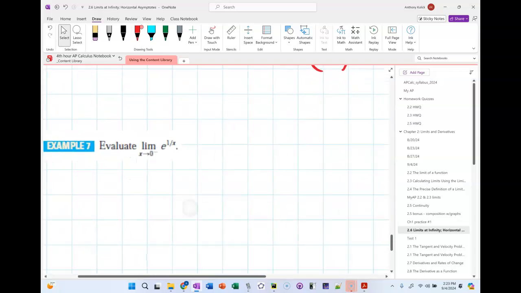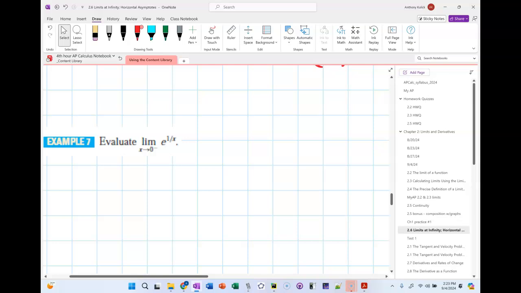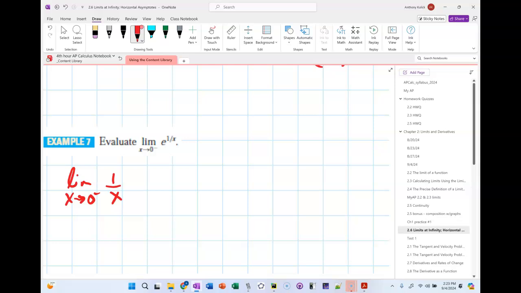All right. Here we have evaluate the limit as x approaches 0 from the left of e to the 1 over x. I'm going to do the same substitution trick that we just did. So I'm going to look at the limit as x approaches 0 from the left of 1 over x. What is that limit equal to?